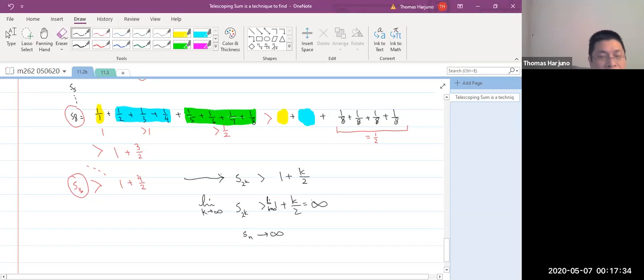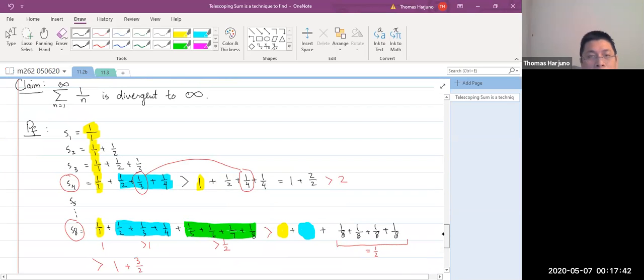Now that's the idea of the proof there in our book. That's the idea of the proof: if you add enough number of terms, then there must be some sum greater than whatever number you choose. Let's say you choose 5. How many terms do I need to add to get more than 5?